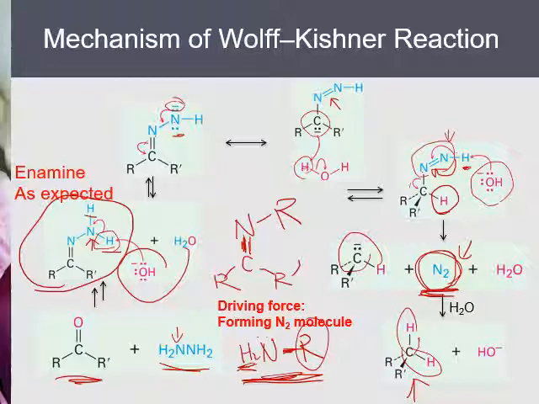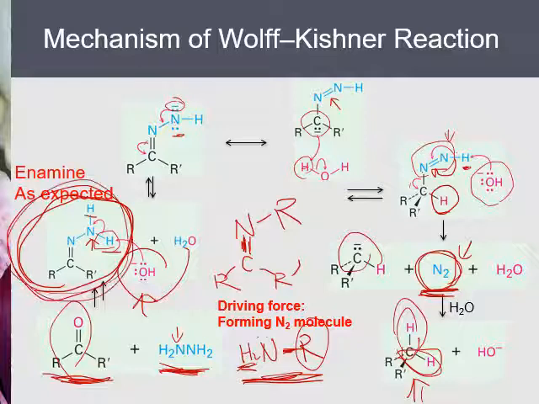So you can see here the ketone or aldehyde reaction with hydrazine converts a C=O double bond to two C-H bonds, a reduction reaction. It's an alkane. If the solution does not have base, then the reaction stops here.